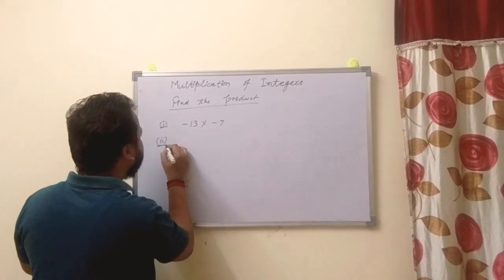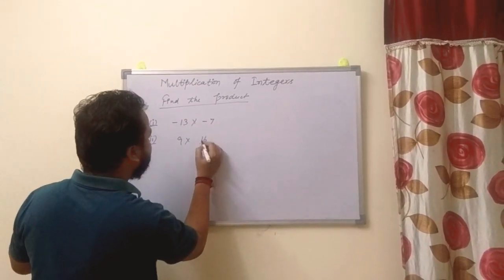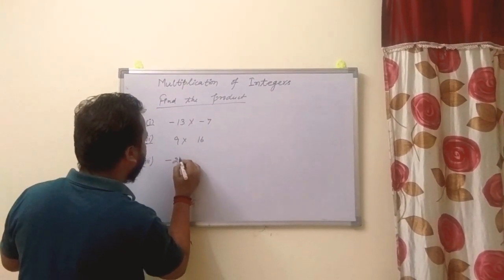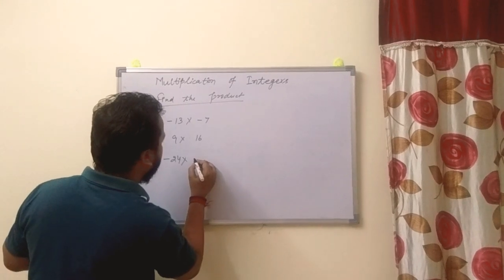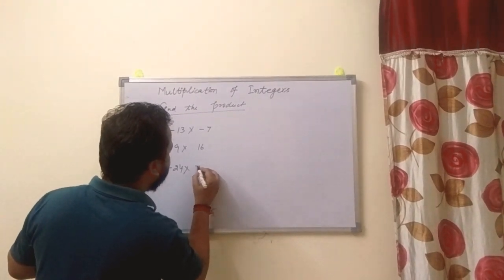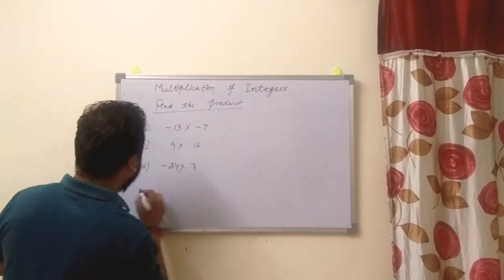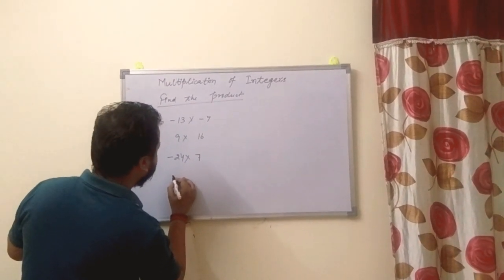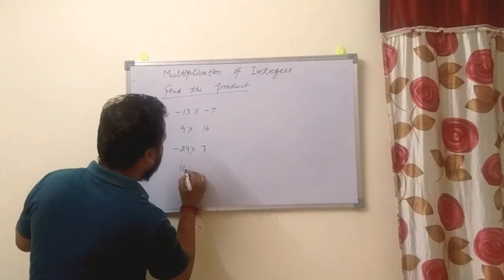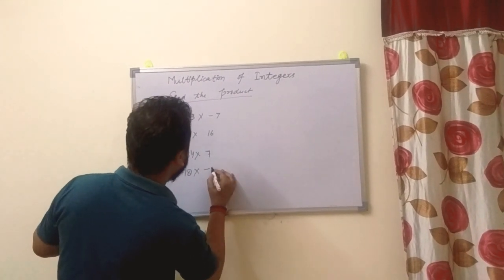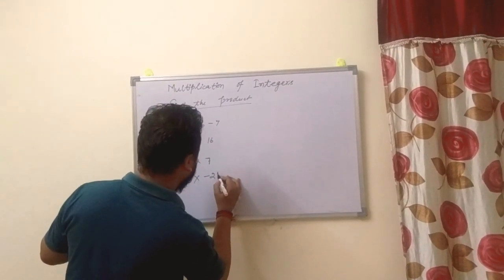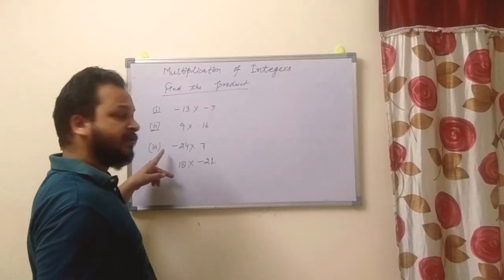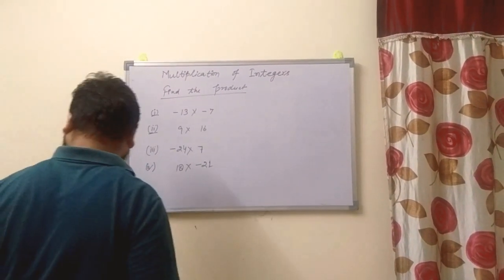Second, 9 multiplied by 16. Third, minus 24 multiplied by 7. And fourth is 18 multiplied by minus 21. Right? Solve this, send me the solution.